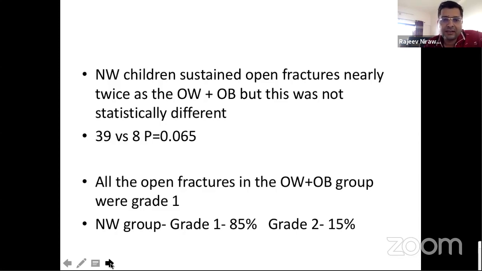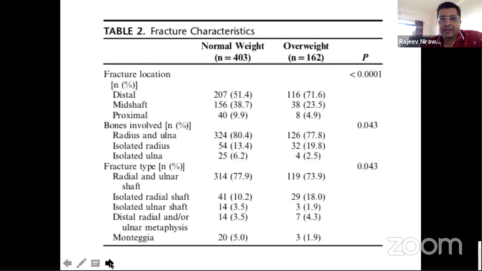The numbers were 39 versus 8 with a p-value of 0.065. All the open fractures in the OW plus OB group were grade 1, and the normal weight group had grade 1 in 85% and grade 2 in 15%.